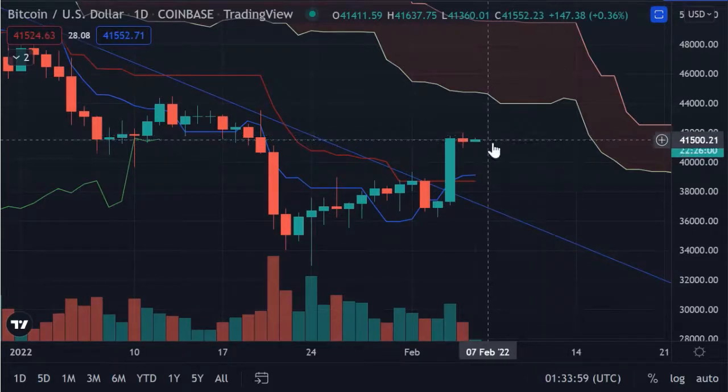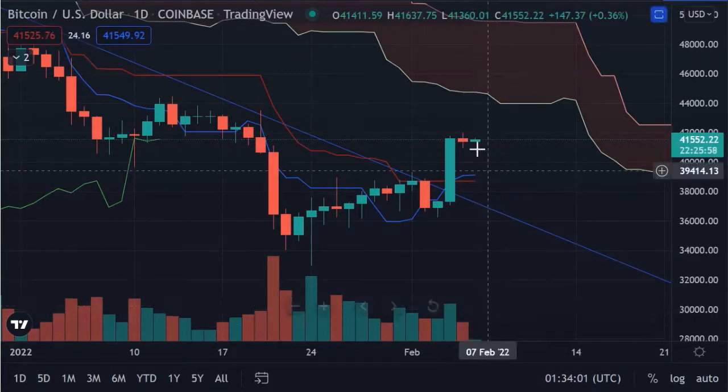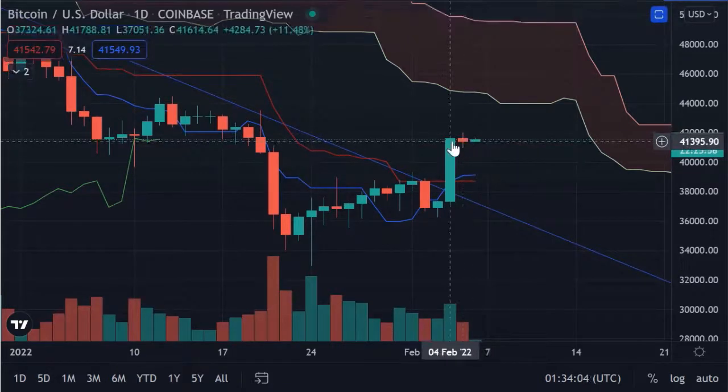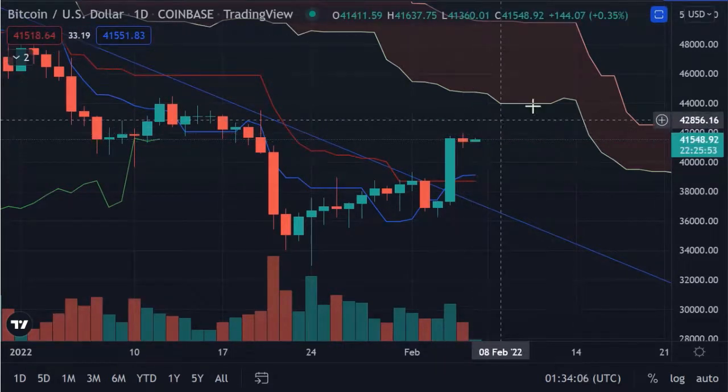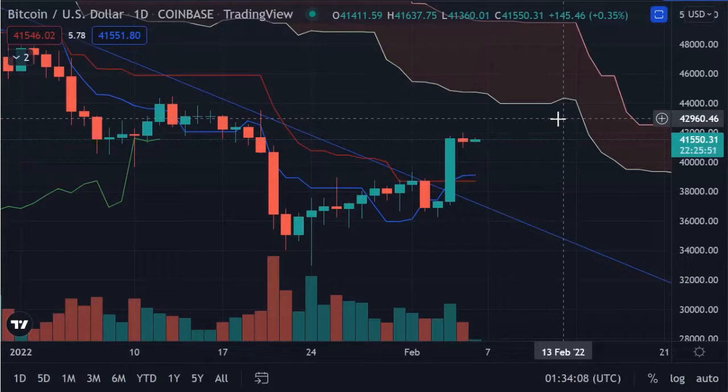So if we see this third bar break above this first and second bar here, I expect the crypto markets to go crazy. I'm particularly watching Bitcoin as the driver of the remaining coins that I'm watching.